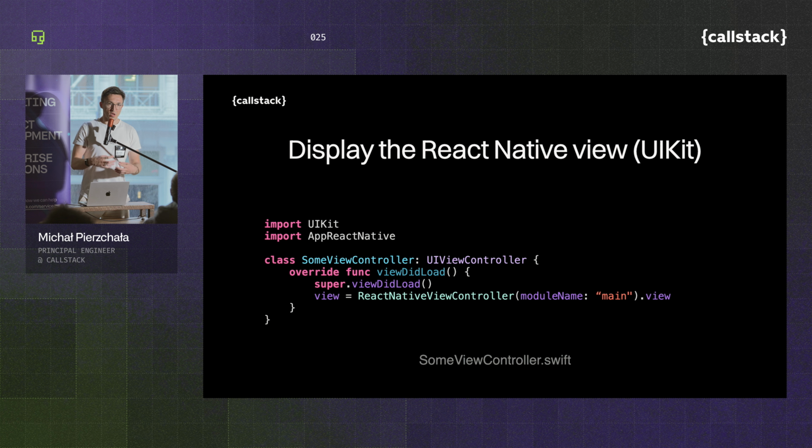And once that's done, we'll be able to instantiate the view with a single line. In this case, we can use React Native View Controller, a convenience method that we can use on iOS. We'll instruct it with the module name, like the main entry point to our application.